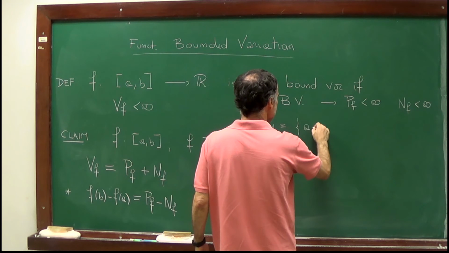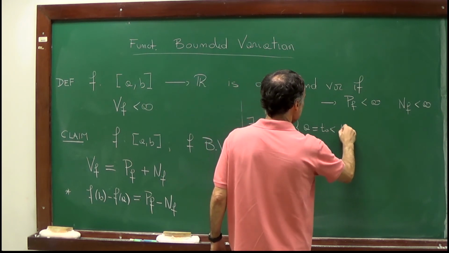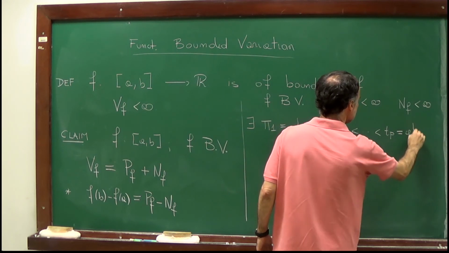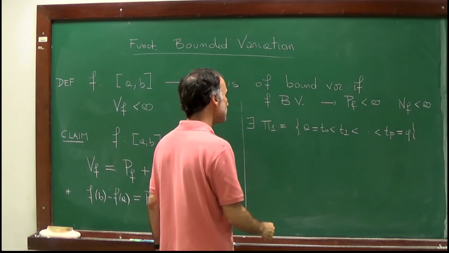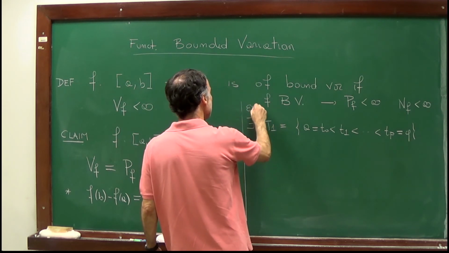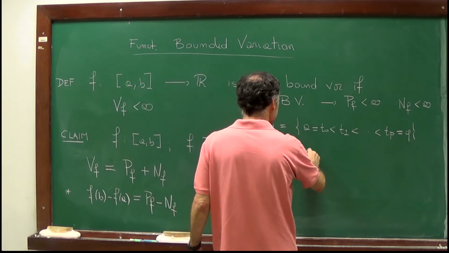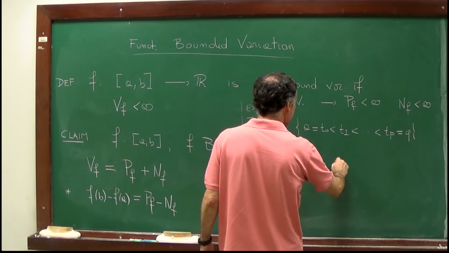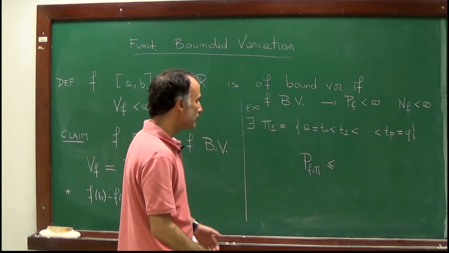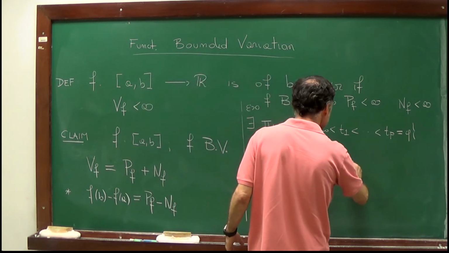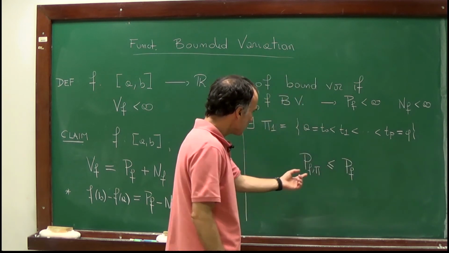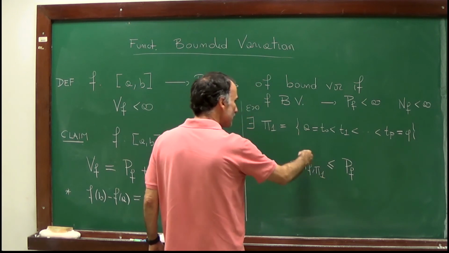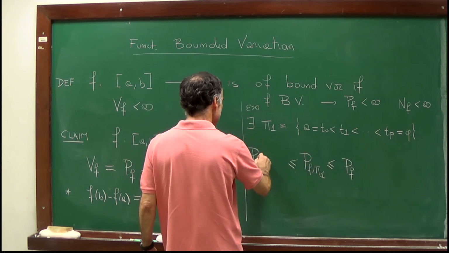So this is A, which is equal to T0 smaller than T1 smaller than Tp, which is equal to B. There exists this partition, if I fix epsilon, such that, well, the positive variation of f along pi is certainly smaller or equal than the total positive variation, because that's a supremum. But I can find one, and I'm calling that one pi 1, which almost attains this total positive variation.